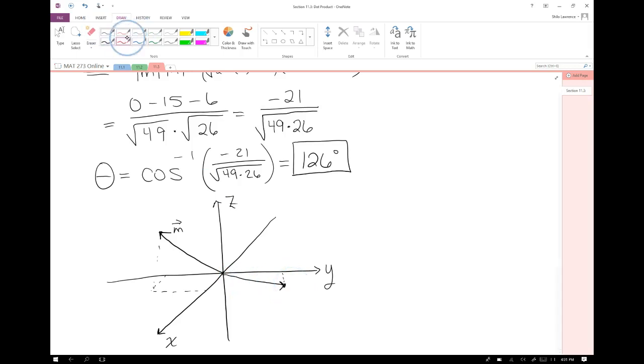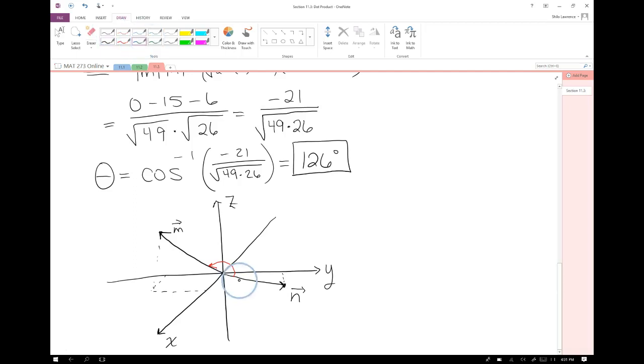So what we've just calculated is the angle between these two vectors, and it always gives us the smaller one. So we're not following any particular plane here. We're not going around the xy plane or the yz plane. We're finding the shortest distance that will rotate us from vector m to vector n.